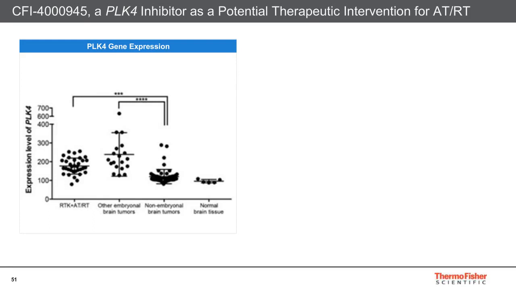If you look at PLK4 expression in the rhabdoid tumors or the atypical teratoid rhabdoid tumors, the expression is not very high, or not significantly higher, compared to other embryonal brain tumors, but it is significantly high compared to the non-embryonal brain tumors. So it's easy for it to have been missed, but using CRISPR and total knockout of the gene helps to identify it as a target.